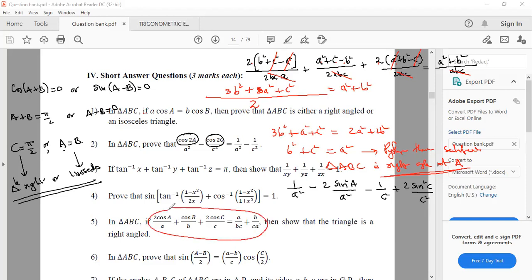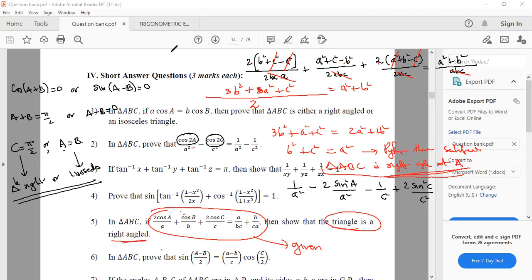This is given. LHS से RHS नहीं लेना है. This is given, and you have to show it's a right angle triangle. If this condition is satisfied, show that triangle is right. I started with a condition and ended up in right angle. Yes, then it's correct. Not this problem, I was doing this problem.